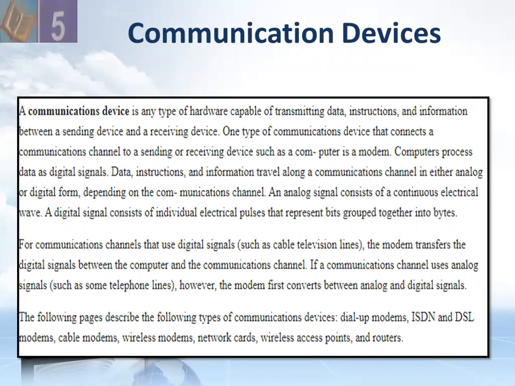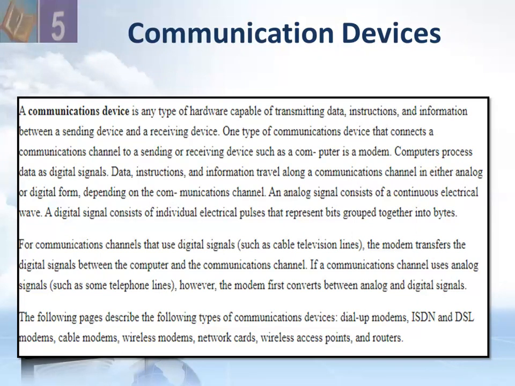An analog signal consists of a continuous electrical wave. A digital signal consists of individual electrical pulses that represent bits grouped together into bytes. For communication channels that use digital signals, such as cable television line, the modem transfers the digital signals between the computer and the communication channel.